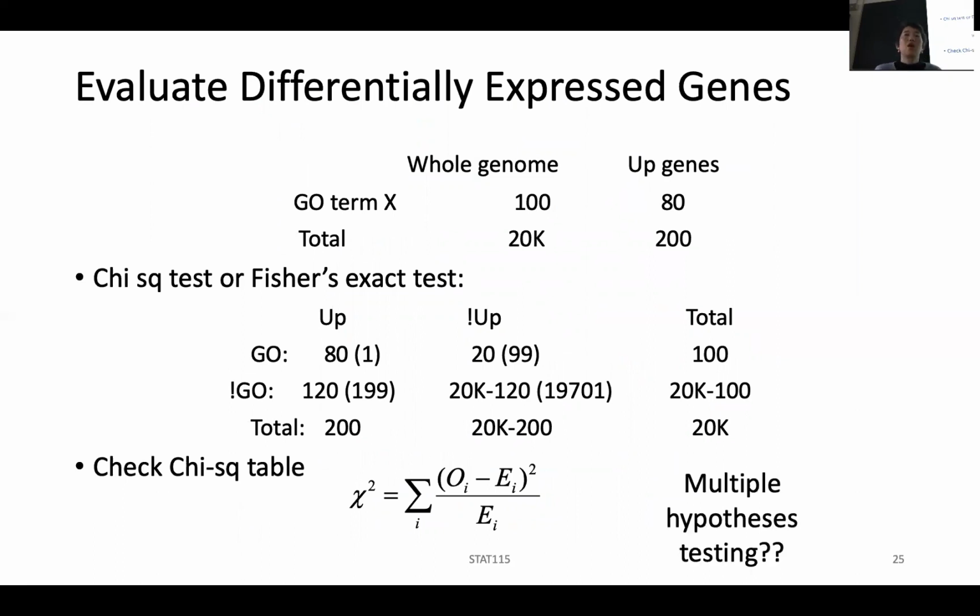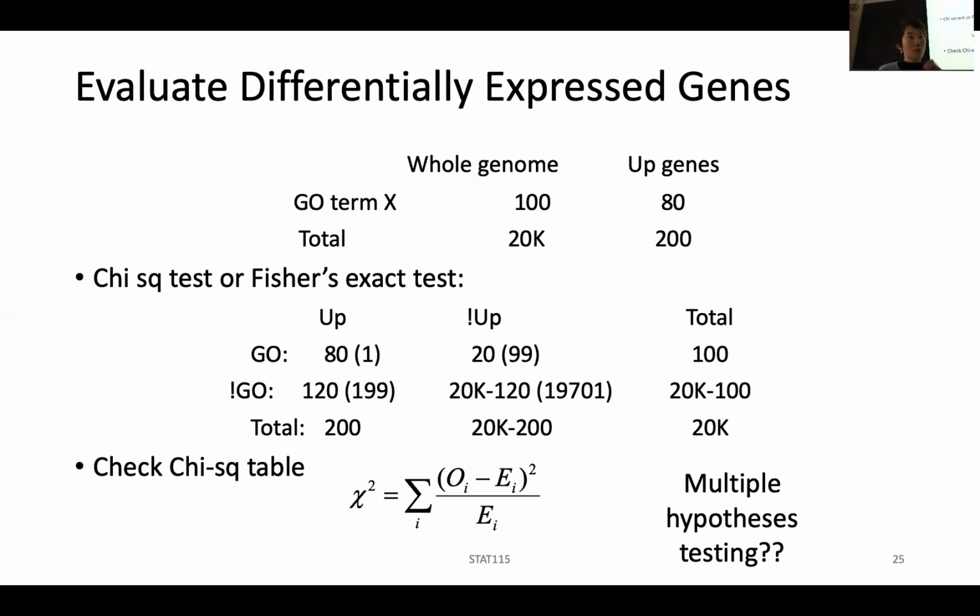And so the question is, for this, do we need to do multiple hypothesis testing? So remember, we are testing one gene ontology term. In all the gene ontology, there are 180,000 terms.